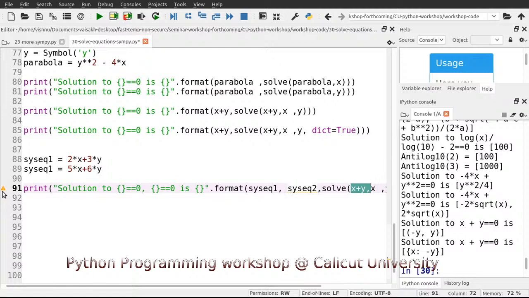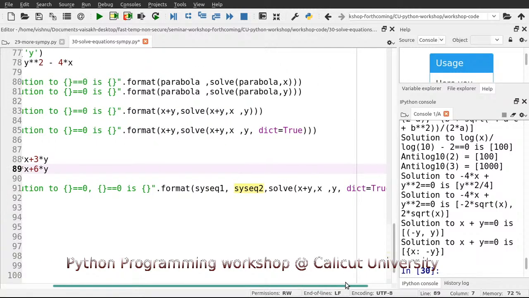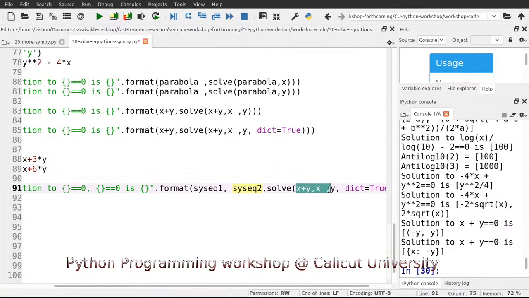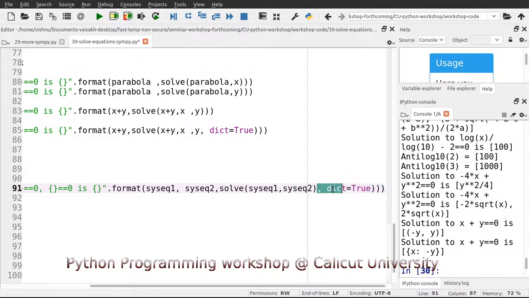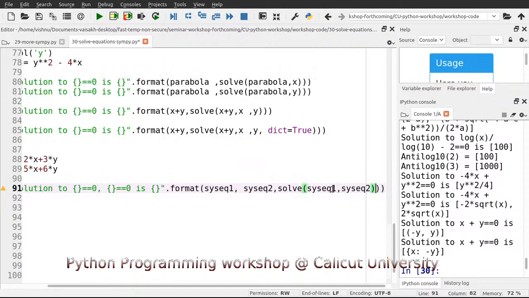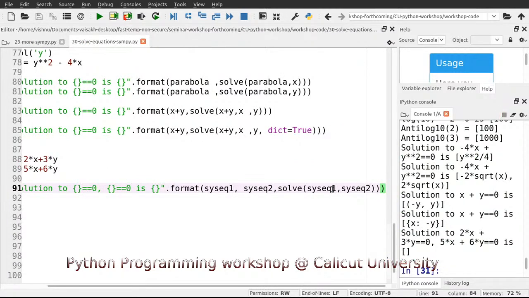Undefined name sys eq2. Okay, this is also given as 1. Okay, correct. eq2, solve both. Let us not put the dictionary there. Okay, try to see.